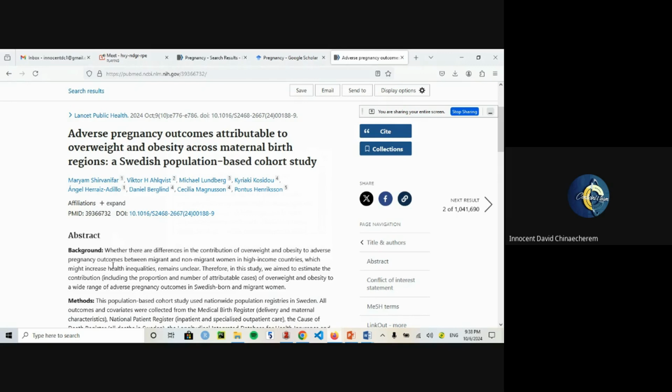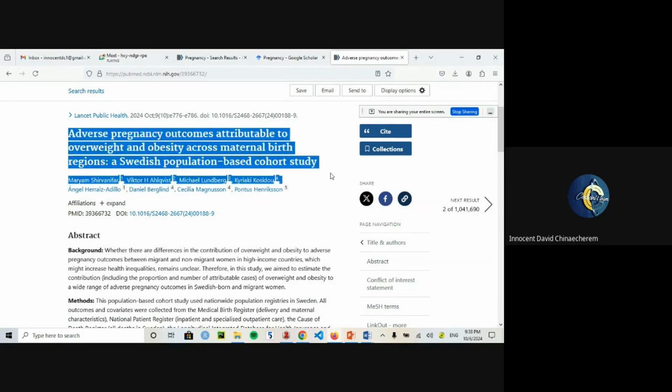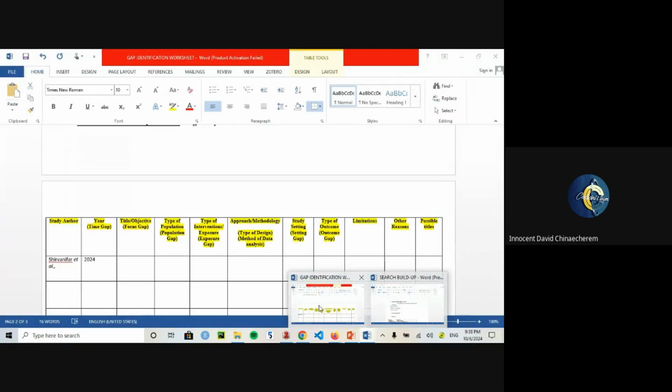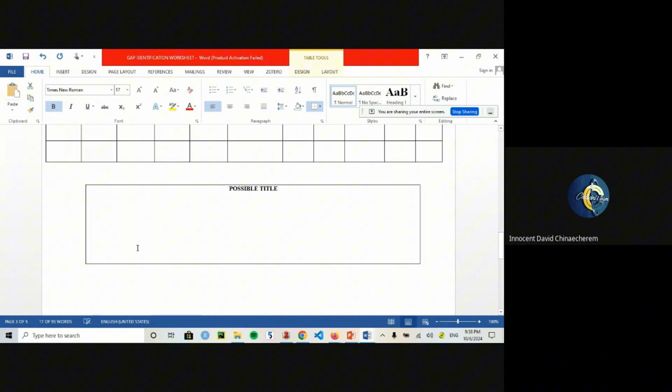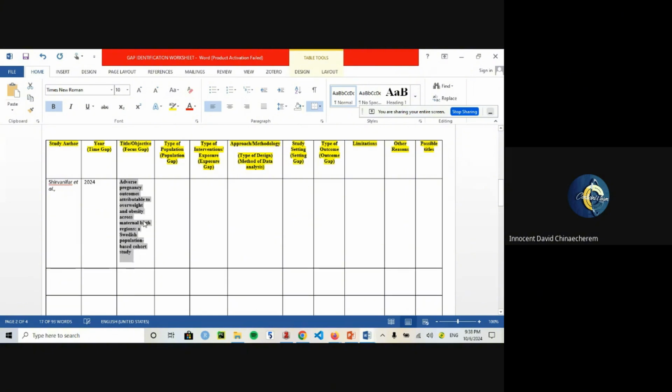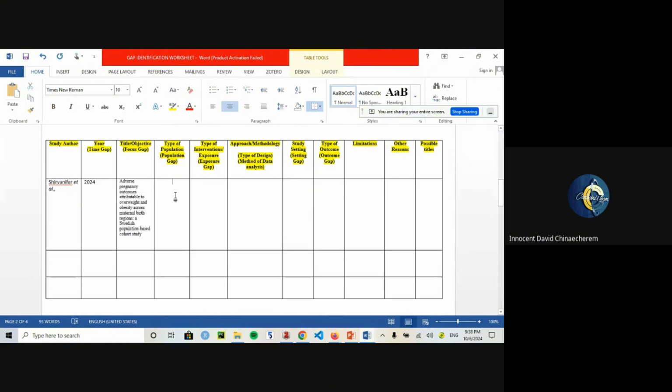You've got lots of papers to read, right? So you put in the title of this paper here, the type of population, maybe pregnant women and all that.